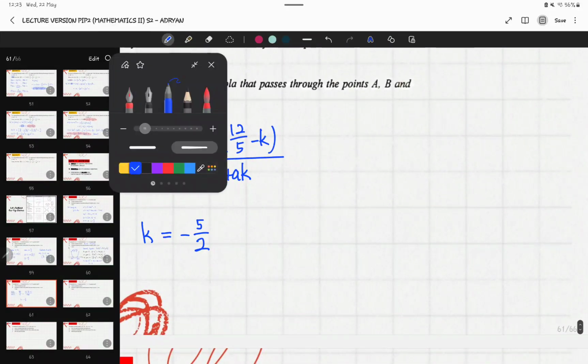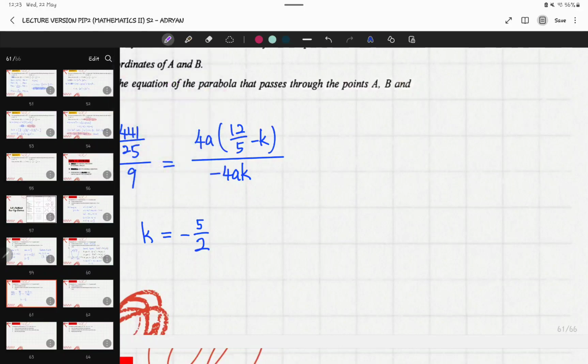So to find a, I would substitute h and k into the first equation. I would get (3 minus 6) squared equals negative 4a times negative 5 over 2.